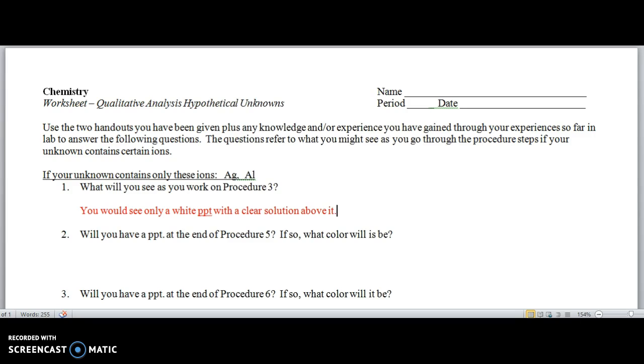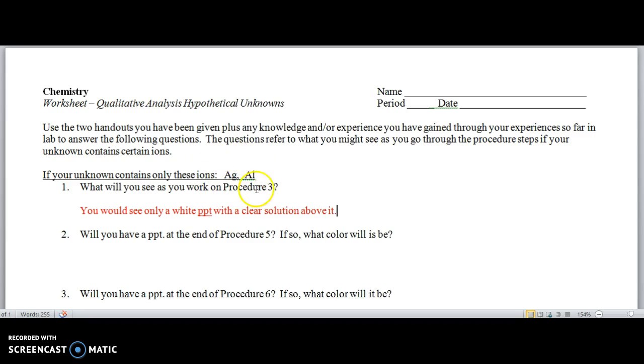That's all you would see. I want to know what you would see, what it would look like, so that you would know how to handle this situation if an unknown similar to this came up for you. And then we would centrifuge and decant the solution, and you'd move on to step 4, where you'd treat the solution and test for silver.